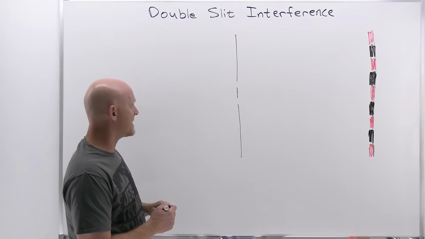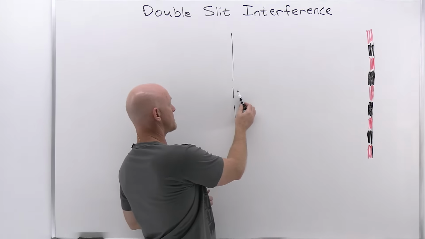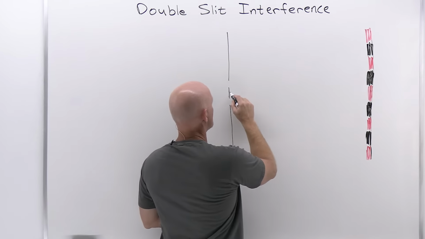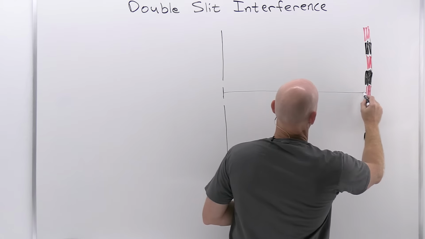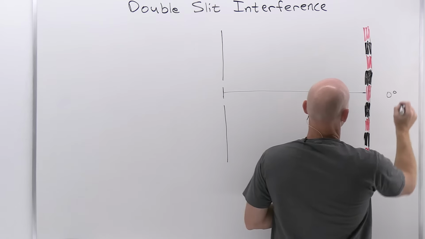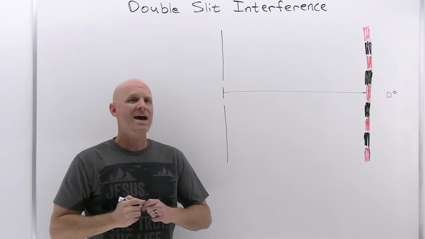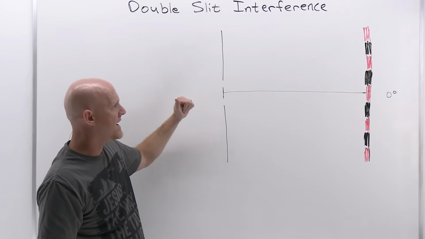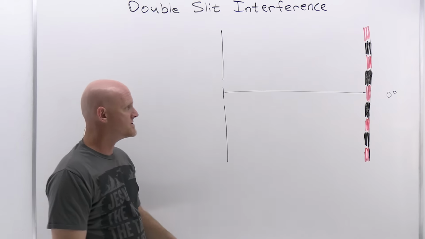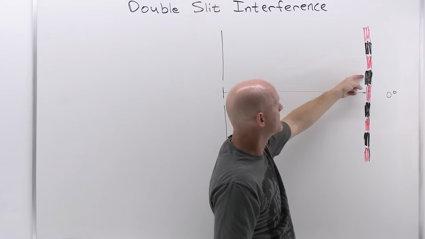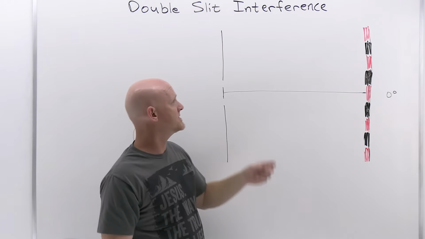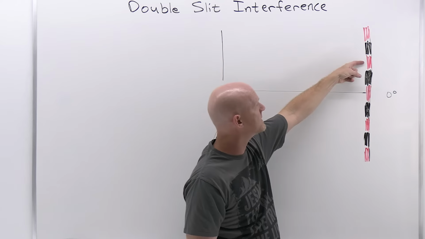Now, a couple things we want to define here real quick. If we start from right in between those 2 slits and draw a horizontal line straight across, we define this as the 0-degree point. We're going to define some angles here, and then you can draw angles to any one of the other fringes. So the first dark fringes on either side of it, you could draw an angle right to the very middle of that dark fringe, or you could draw another one right to the middle of that bright fringe.